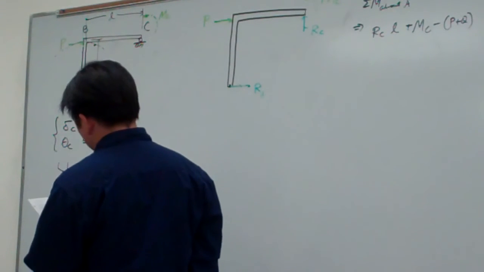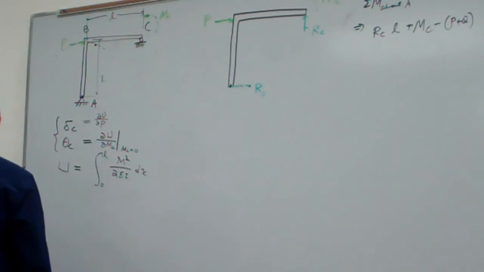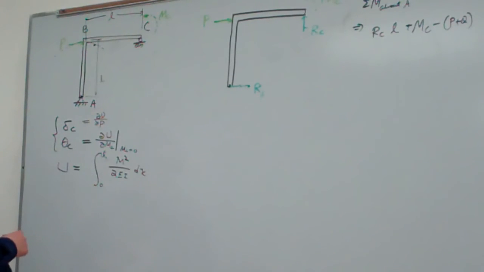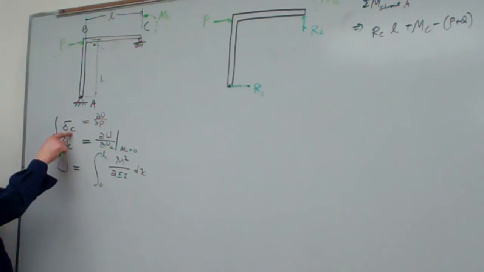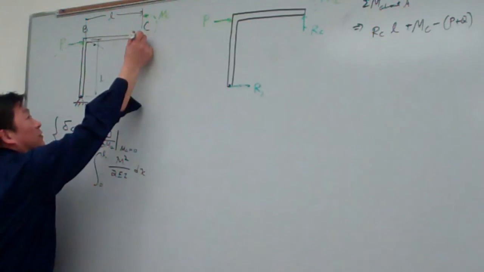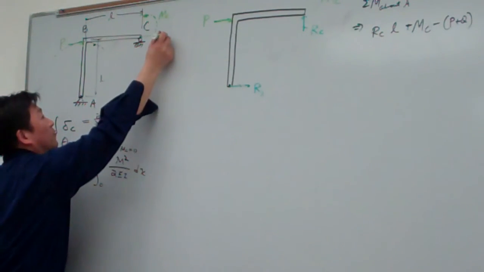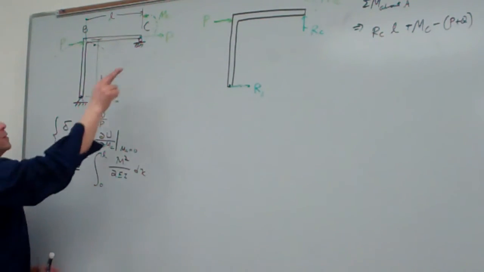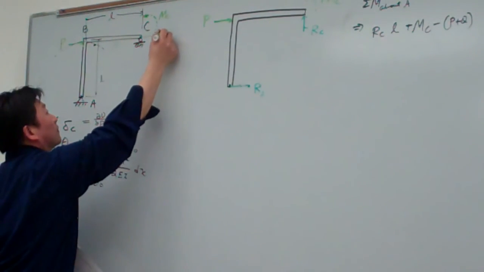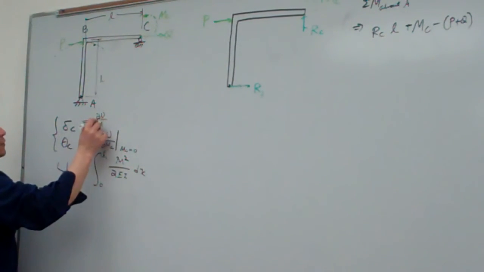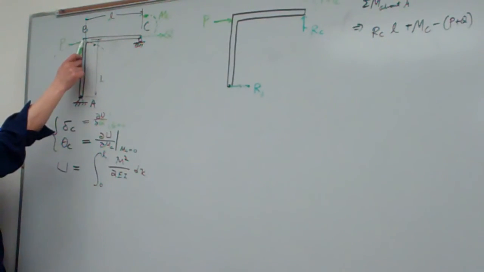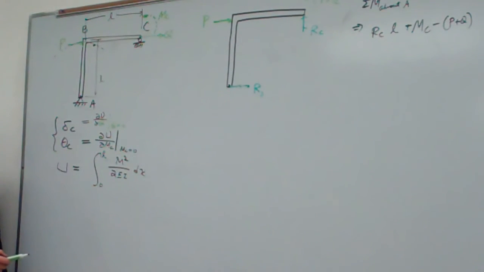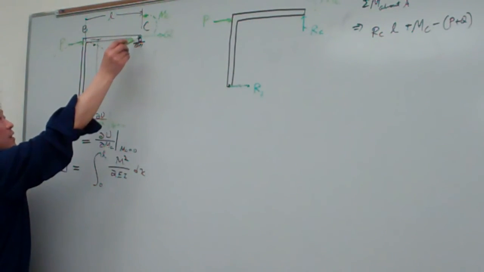Where is Q? Oh, I made a mistake again. We're going to calculate the deflection at C, and here there's no loading, so we have to assume an additional load here. That is Q. And this one should be partial Q, and then Q equals 0, because we are not calculating the deflection at B. So here we're going to focus on this.